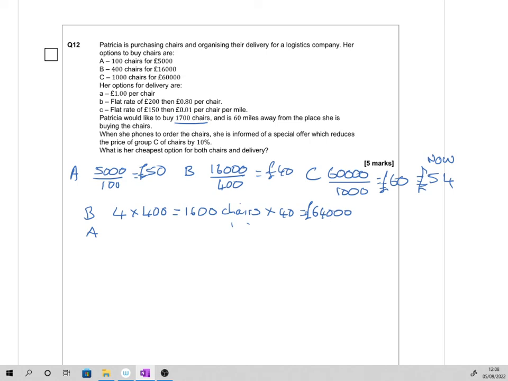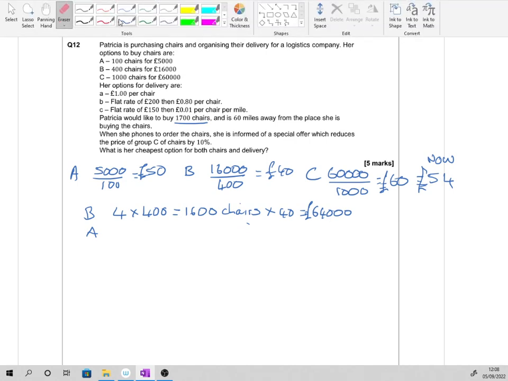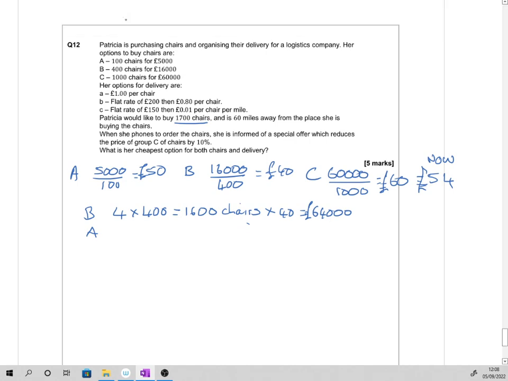Let's do that again. We want 100 chairs, and the chairs are £50 each, which makes £5,000. So £69,000 is the cheapest price for the chairs.